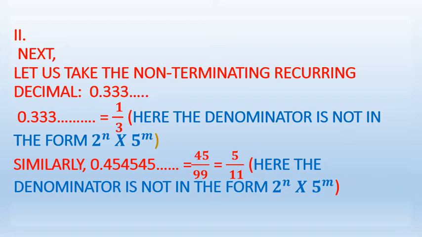Again, if we take another example, 0.4545, where 45 repeats continuously, then the p by q form of this will be 45 by 99. After cancelling by the common factor 9, we observe that the lowest term is 5 by 11. Here the denominator is not in the form of 2 to the power n multiplied by 5 to the power m.